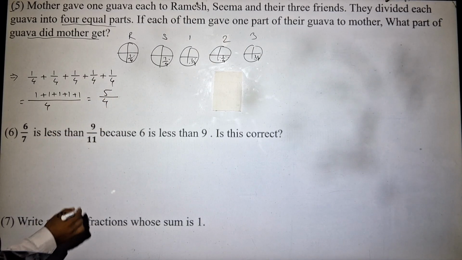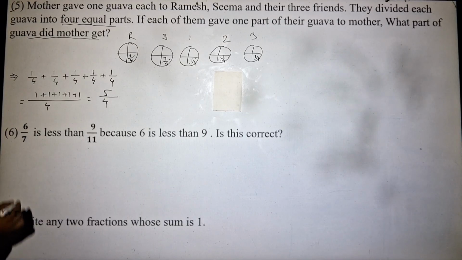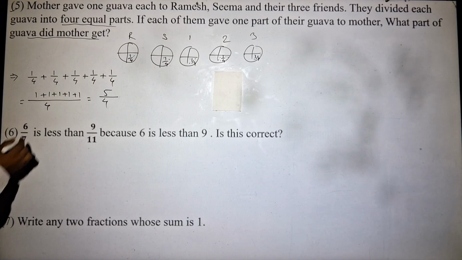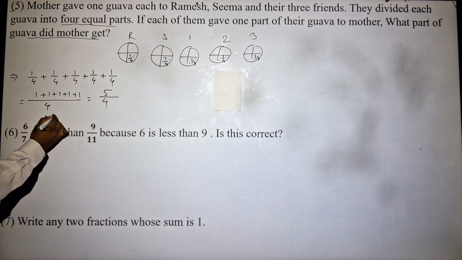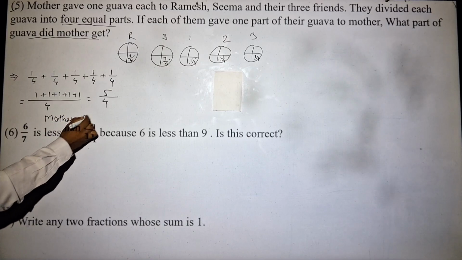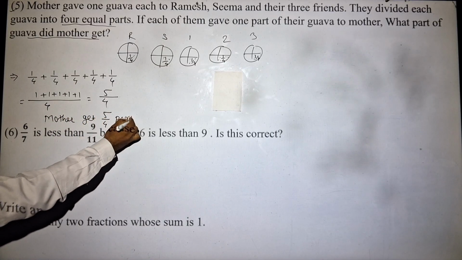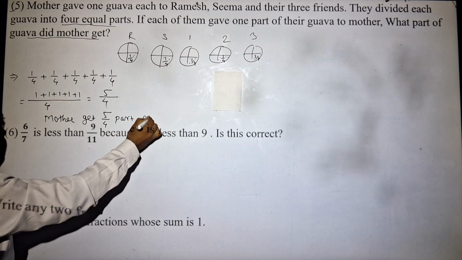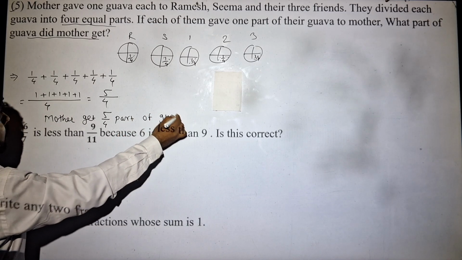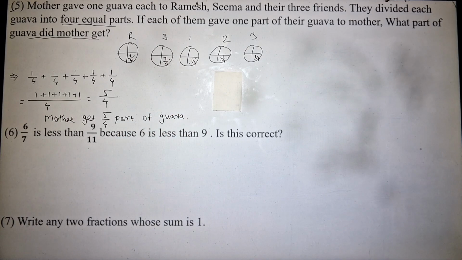Yes, what part did mother get? Here we say mother got 5 by 4th part of a guava. Okay, next one, 6 by 7 is less than 9 by 11.